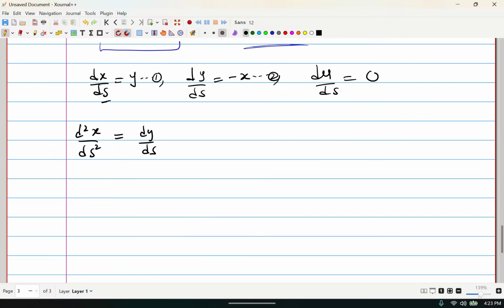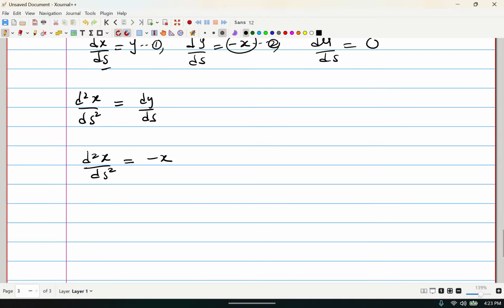Okay, taking the derivative of both sides. And what is dy/ds? dy/ds is giving us negative x. So we're going to have d squared x/ds squared is equal to negative x, and this way, we're going to have d squared x/ds squared plus x is equal to 0.